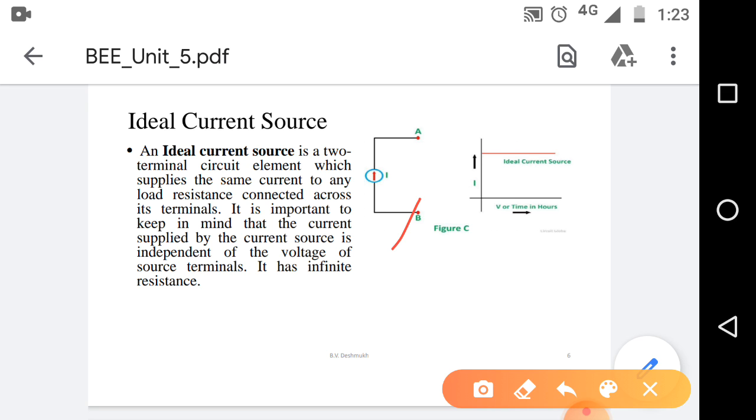Key points: an ideal current source provides constant current to the load. Second point, an ideal current source has infinite internal resistance. Third point, practically an ideal current source does not exist in this universe.